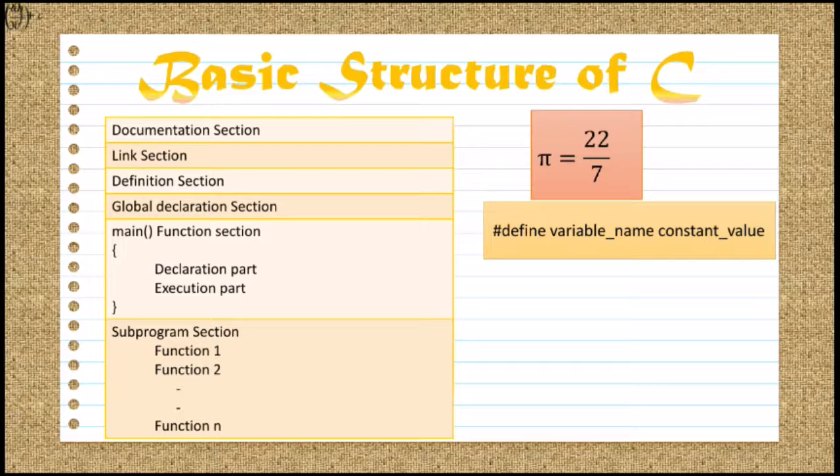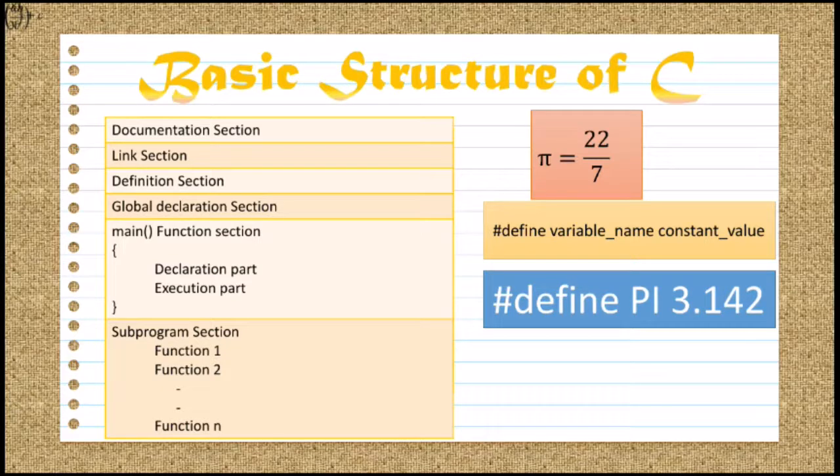For example, hash define space, then the variable name, that is PI in capital, then space, and then the value of PI, that is 3.142. So in this way we can declare symbolic constants in the definition section.